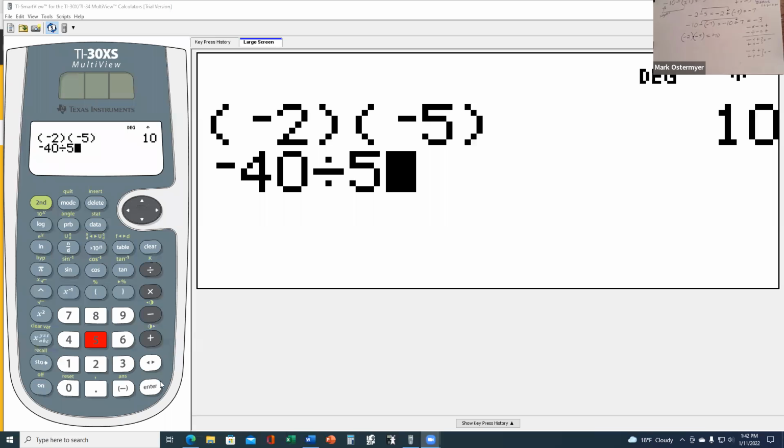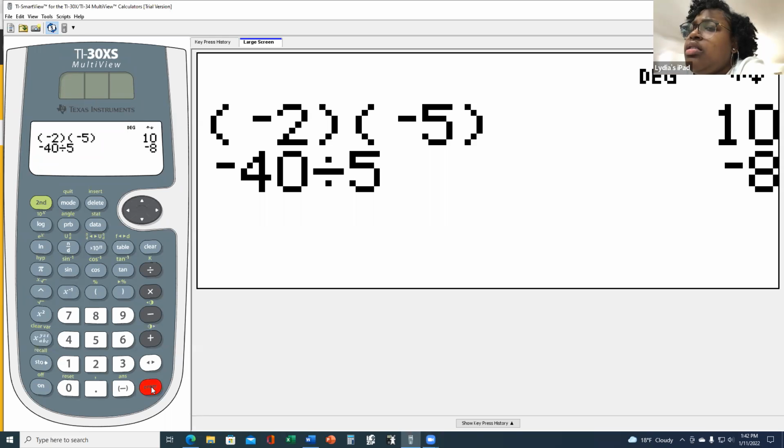So if you take a -40 and divide it by a positive 5, we should get negative what? -8. See how this is working here? So I just wanted to show you some basic manipulations on your calculator here, ladies and gentlemen, just to get us maybe pointed in the right direction with the machine.